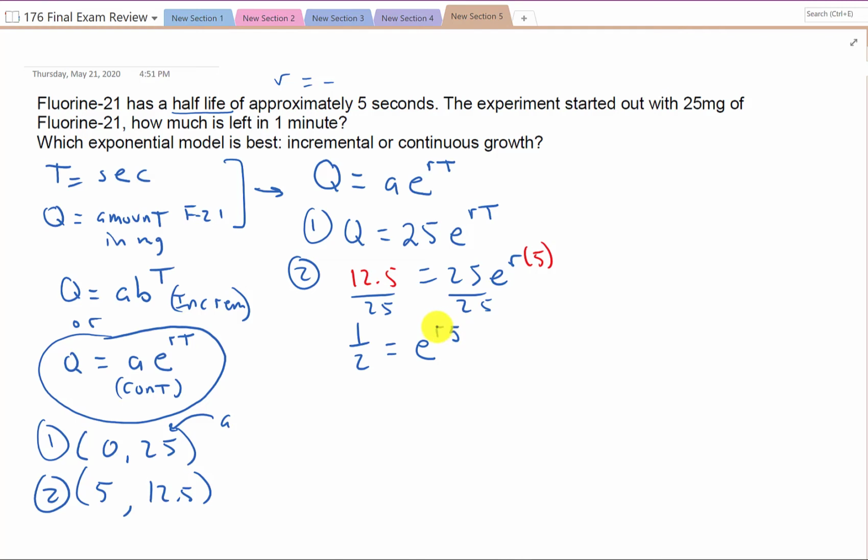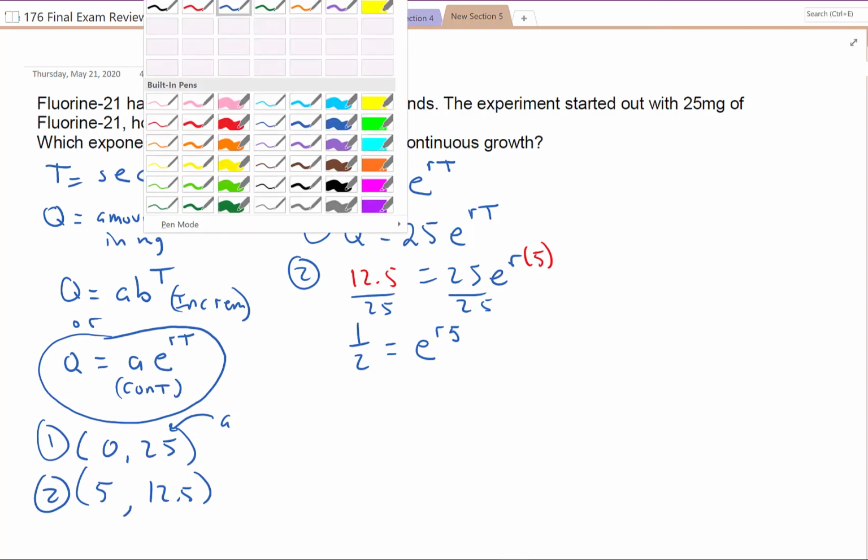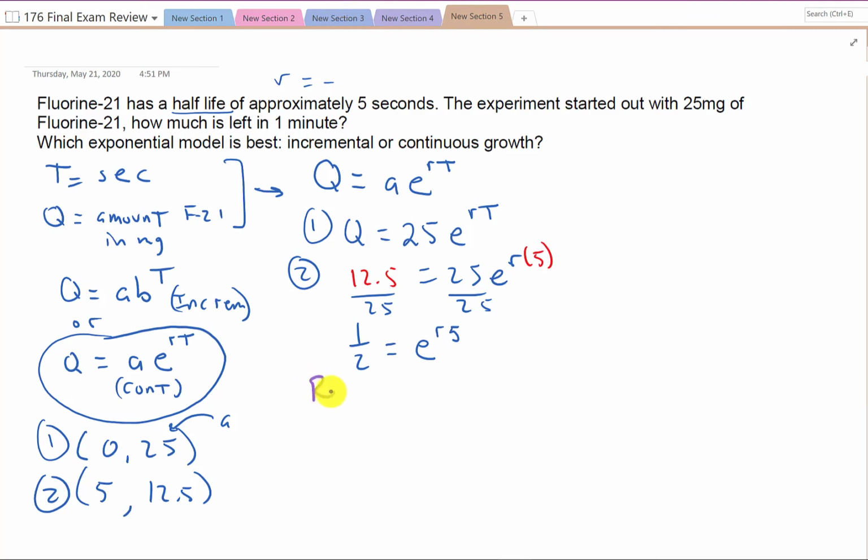Well, we could use the natural log, so we could flip this equation inside out and rewrite it as a natural log. So it is going to be natural log of 1/2 equals the exponent 5r.